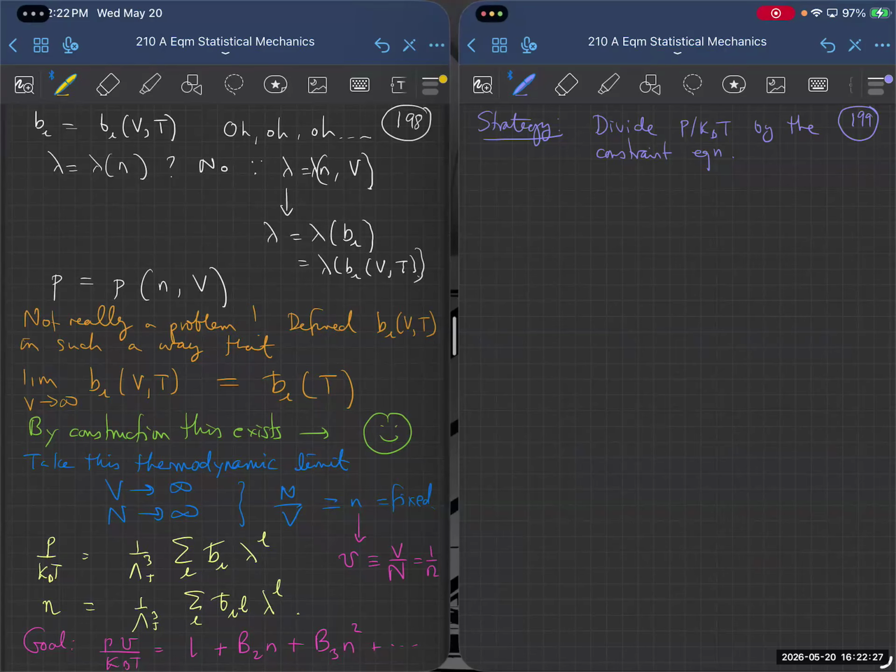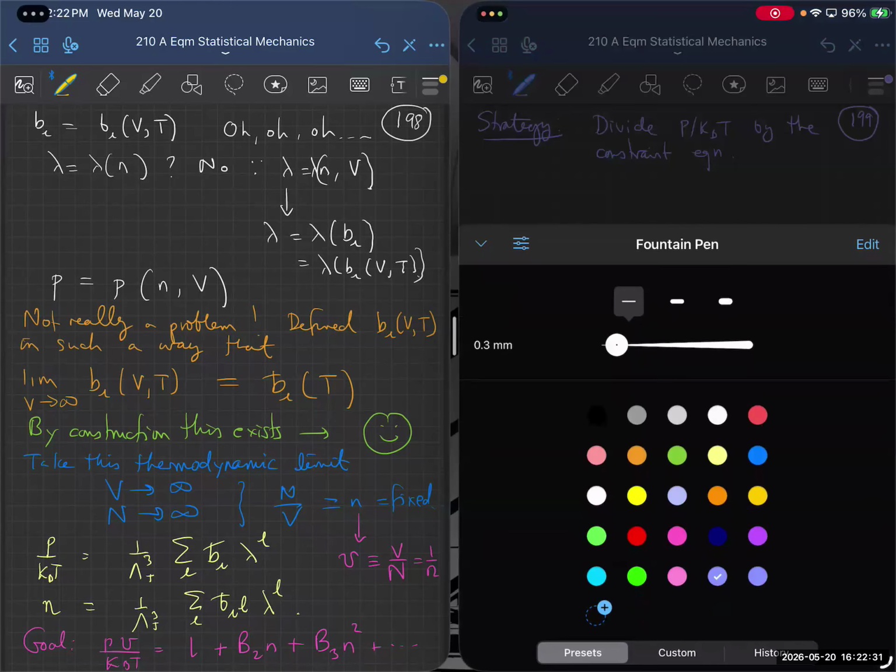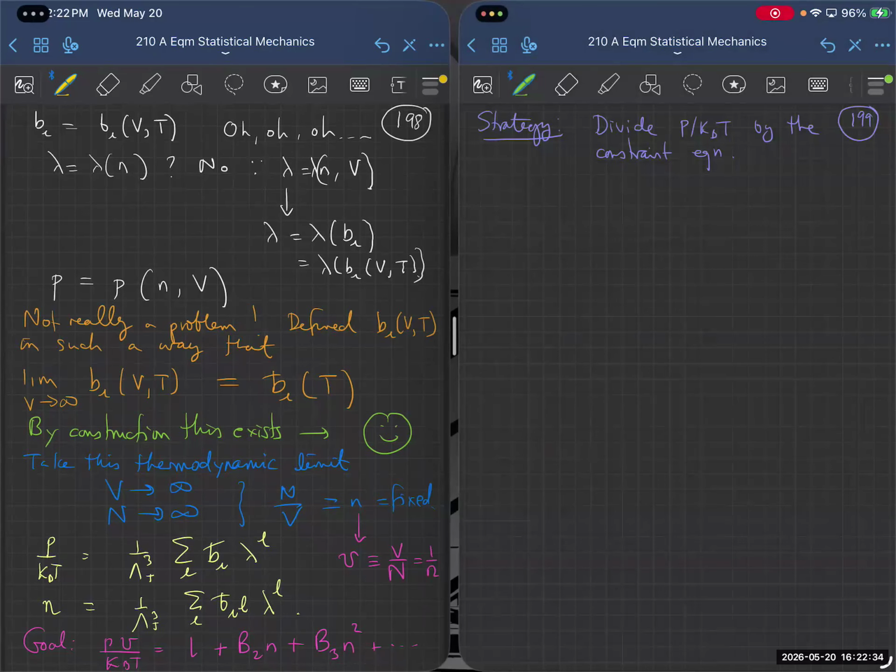Now, let me make some comments. In this virial expansion, the thermal de Broglie wavelength is absent.